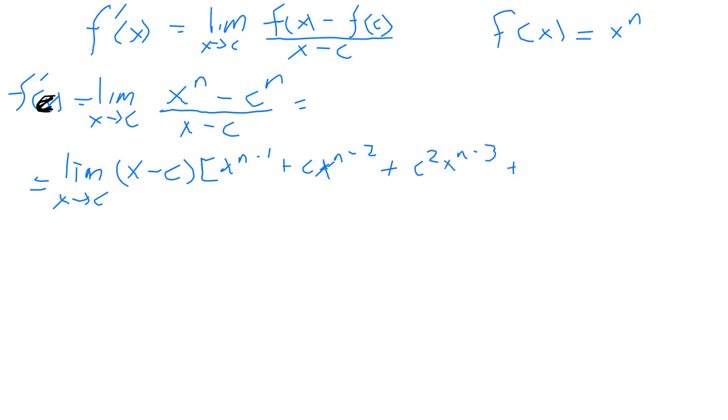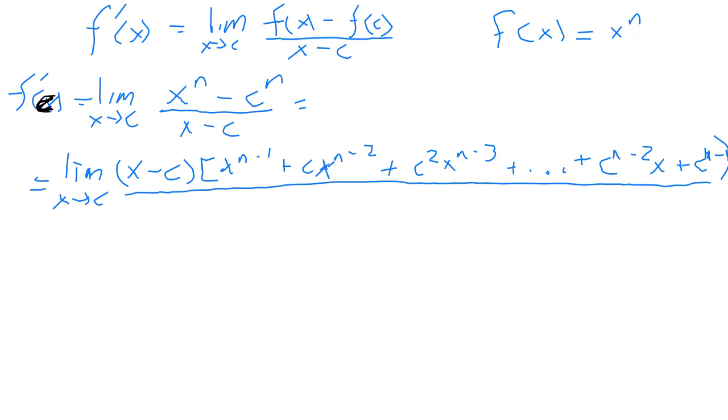I'm going to jump down to the last two, which will be c to the n minus 2 times x, then plus c to the n minus 1. Sorry for squeezing it up, that's an n minus 1. And that's all over x minus c.